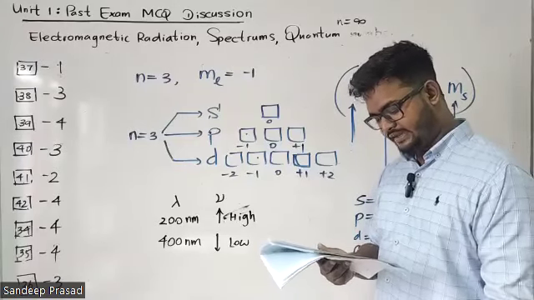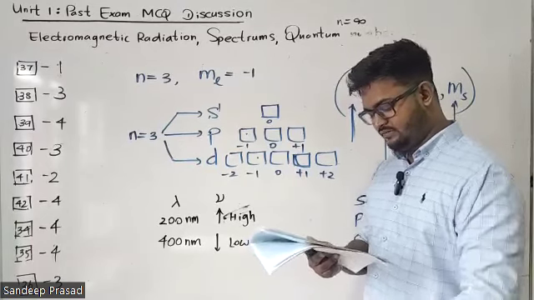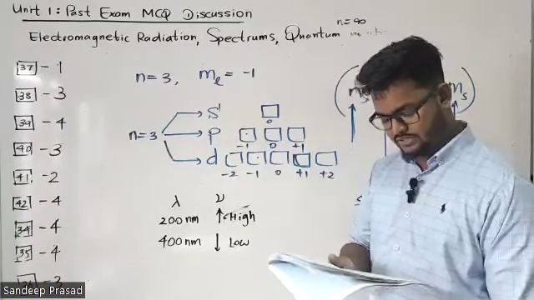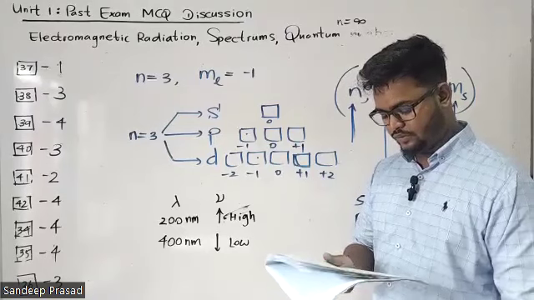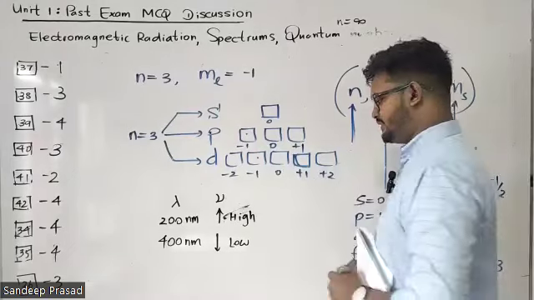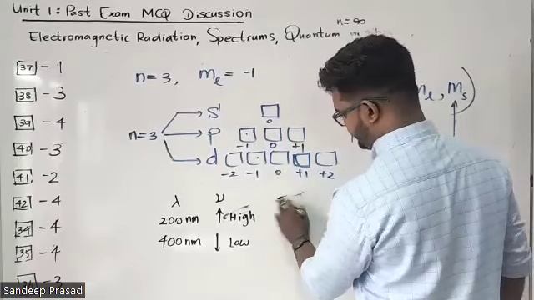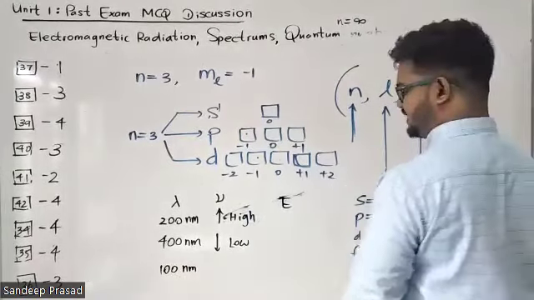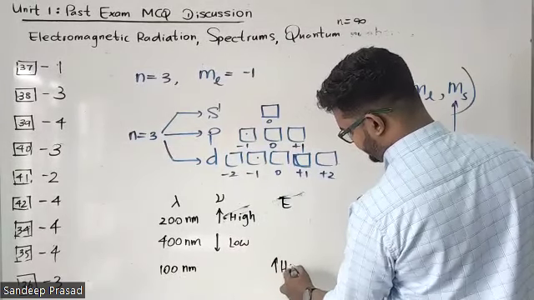Its photon has a higher energy than a photon of radiation of wavelength 100 nanometers. What do you think? When you compare the energy, which one has the greatest energy? The greatest energy should belong to 100 nanometers.